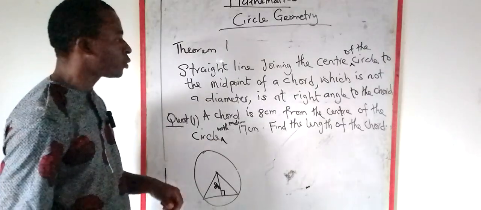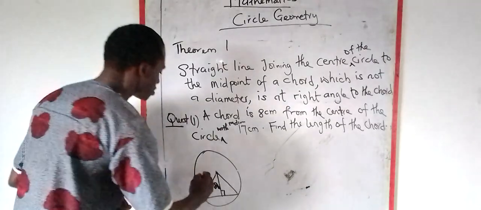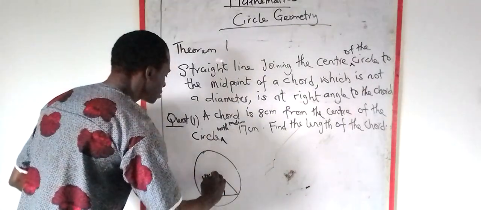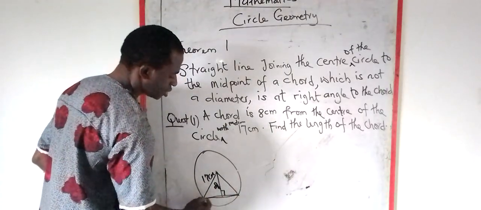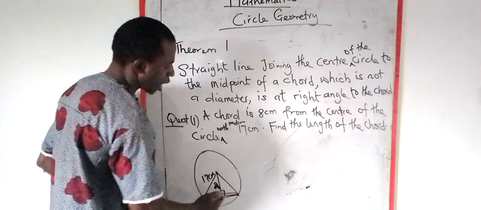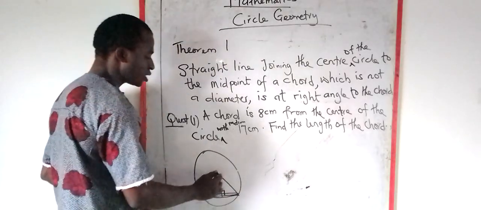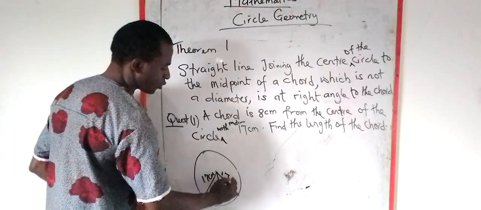Find the length of the chord. This is the radius, 17 centimeters. What they are asking us to look for is the length of the chord, and knowing fully well that the radius is the same, don't forget.